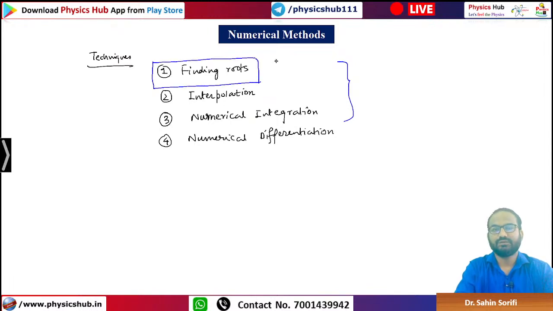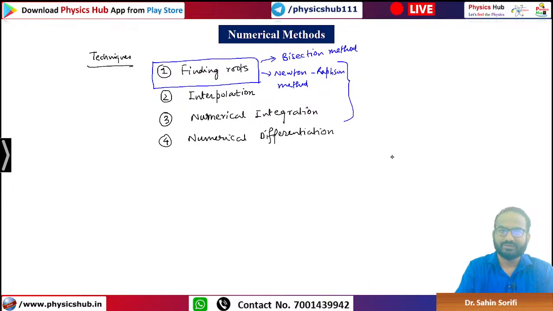In finding roots, we'll be talking about 2 methods: the bisection method, or methods of bisection, and the second one is Newton-Raphson method. These 2 methods we need to cover here.